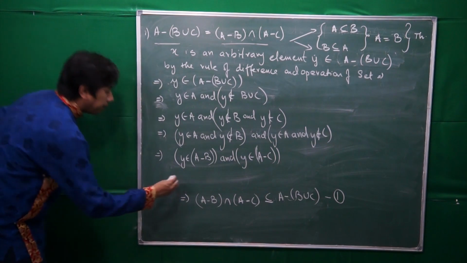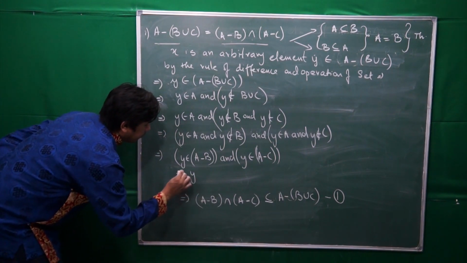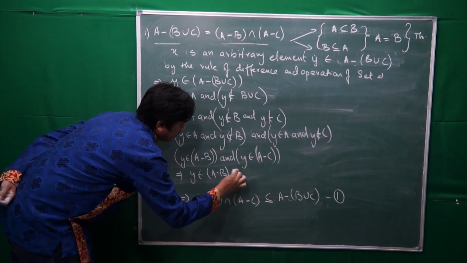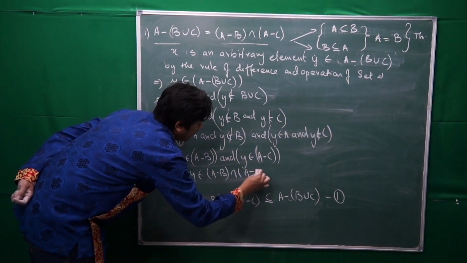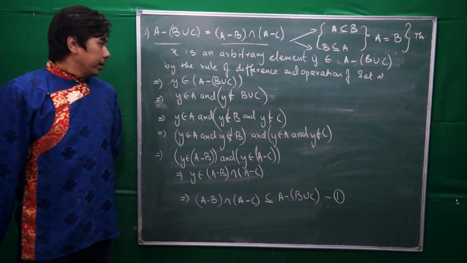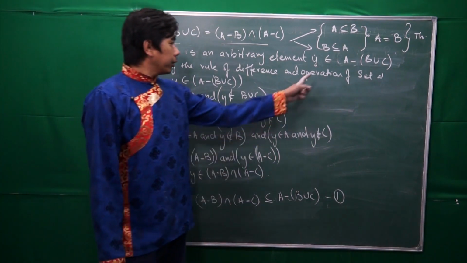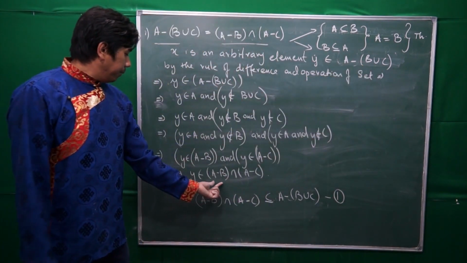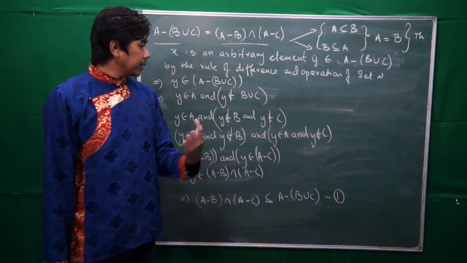So joining this up, we have Y belongs to (A minus B) intersection (A minus C). Now Y is an arbitrary element belonging to A minus (B union C), but it is also an element of (A minus B) intersection (A minus C).